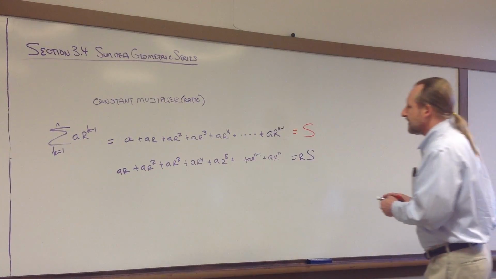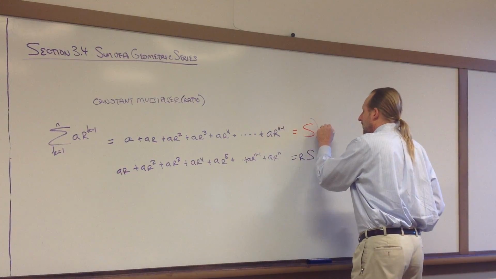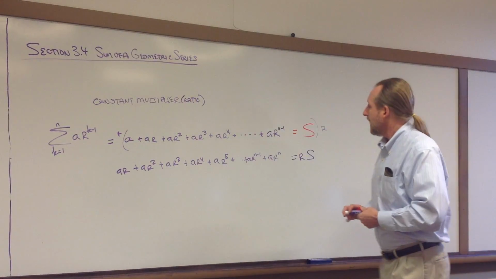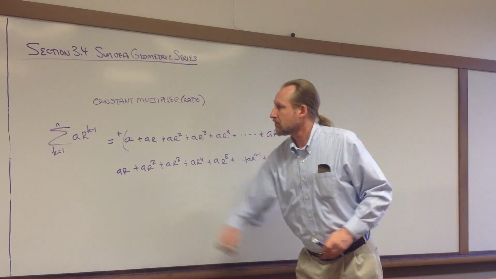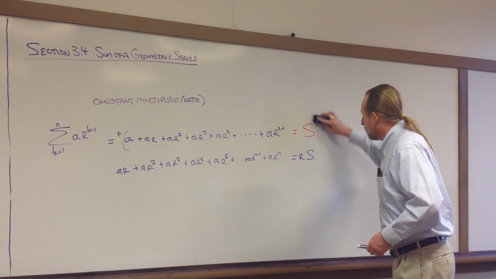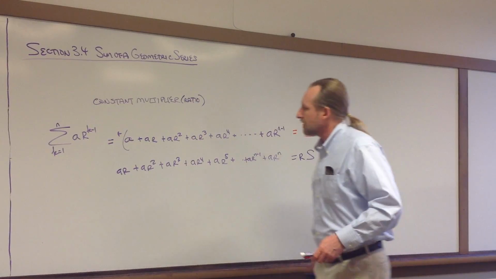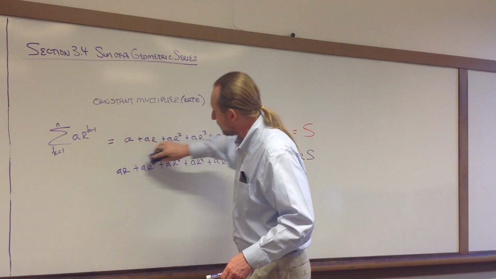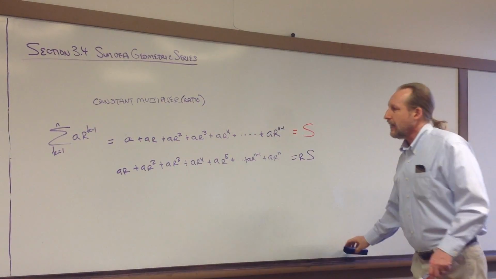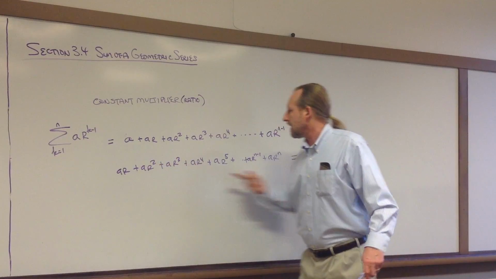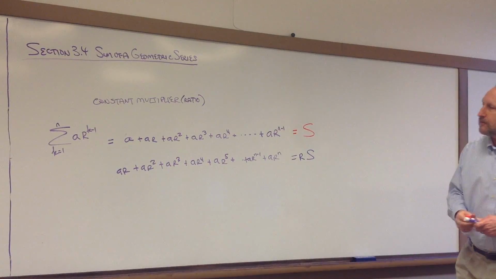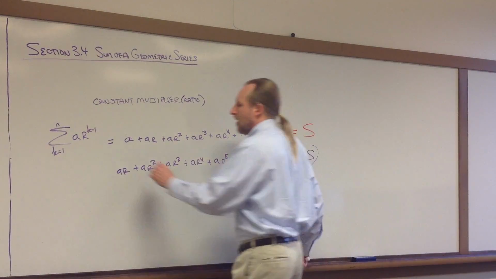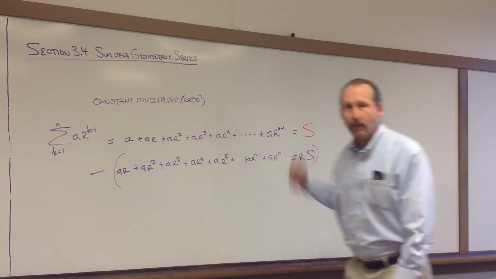What I just did was take this and multiply on both sides by r, and that's how we got the bottom one. Now we've got these two statements: one saying that this original sum is equal to s, and this new sum is equal to r times s. Now I'm going to subtract the bottom one from the top one.